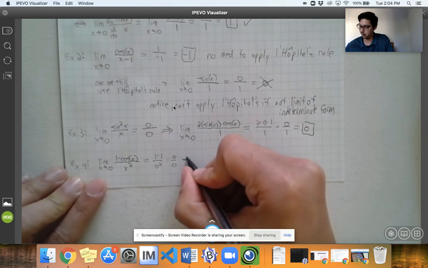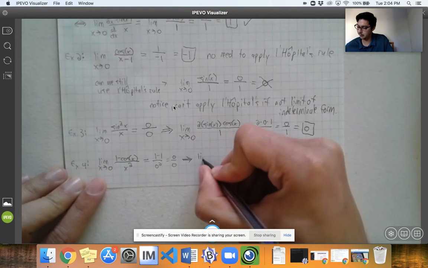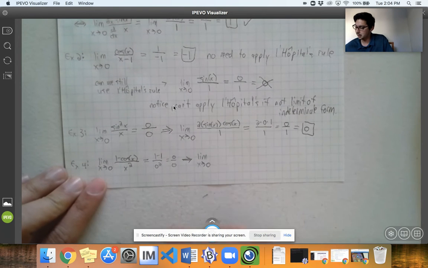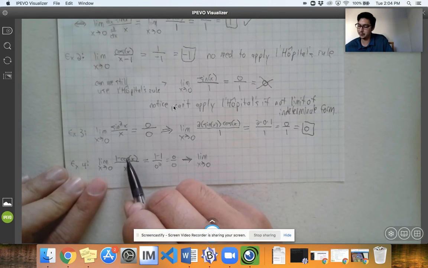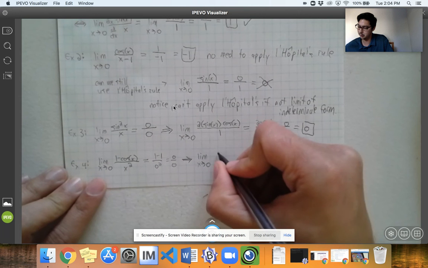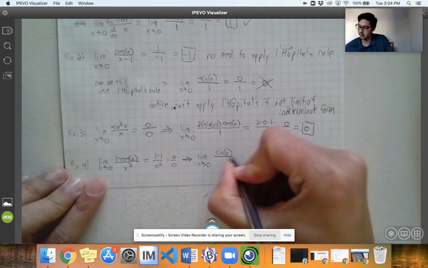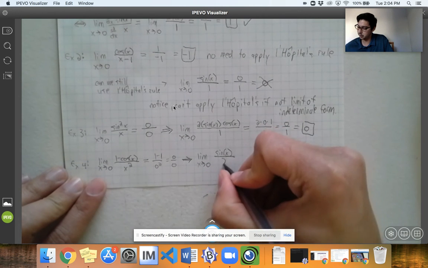So therefore, by L'Hopital's rule, we can evaluate this by looking at the limit as x approaches 0 of the derivative of the top, where the derivative of 1 is 0, the derivative of negative cosine is sine, so you have sine of x, over the derivative of x squared, which is 2x.